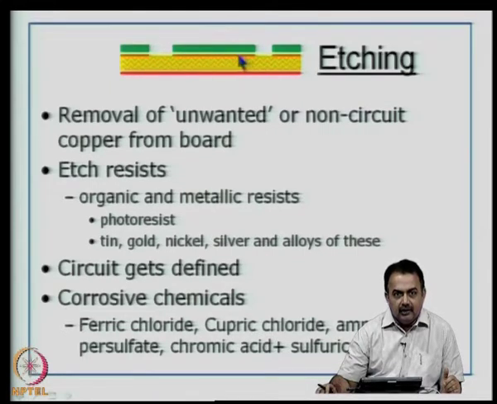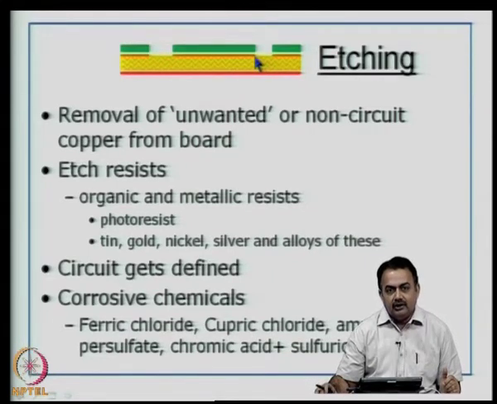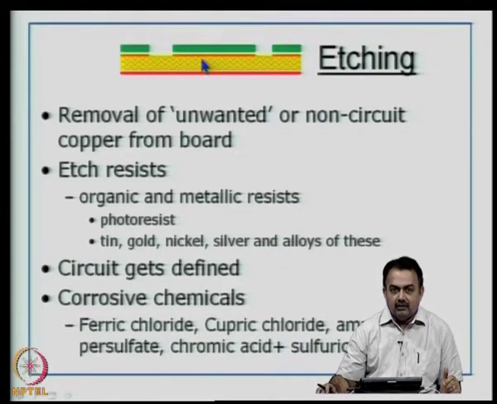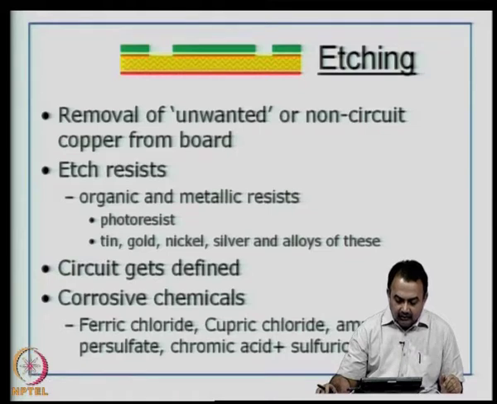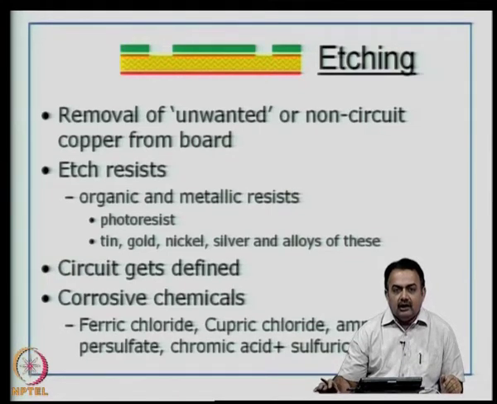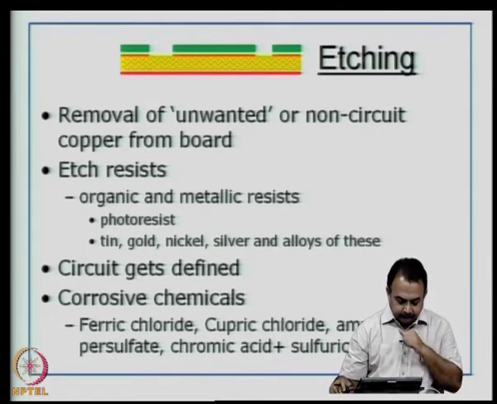Okay, some copper areas are remaining. So, typically in this particular cross section, what you should understand is that the area behind the mask or the resist is the circuit areas, non-circuit areas have been removed. Okay. So, this is typically depicting the etching process in the printed wiring board sequence.